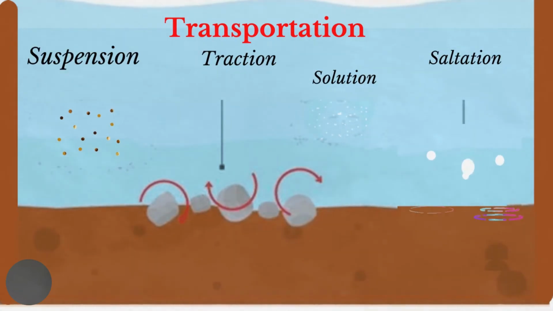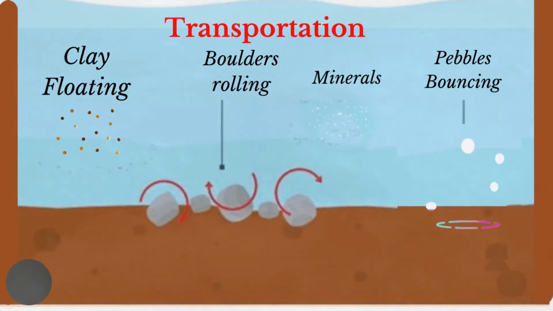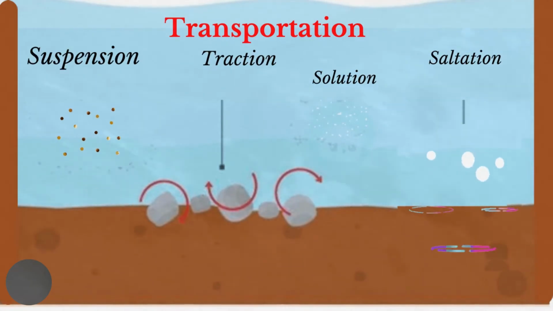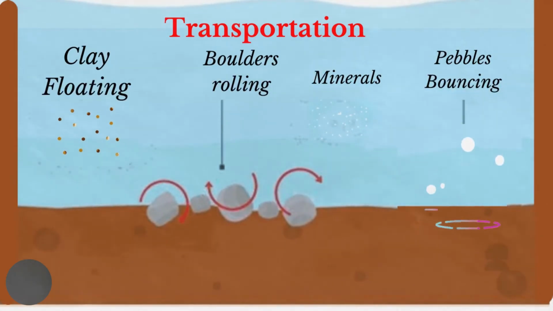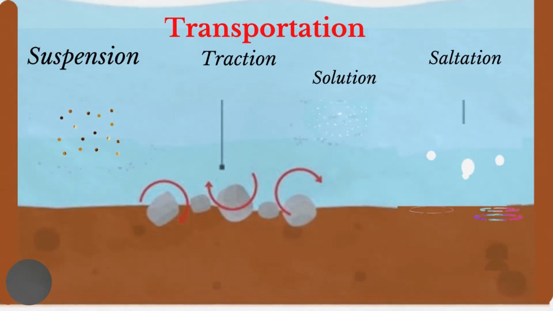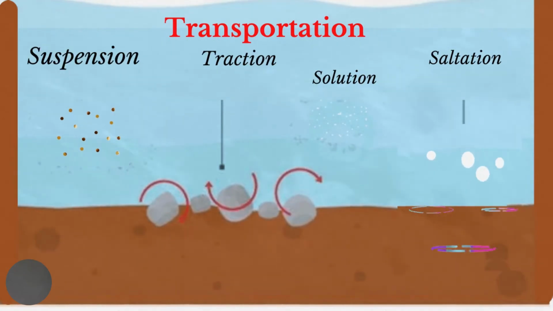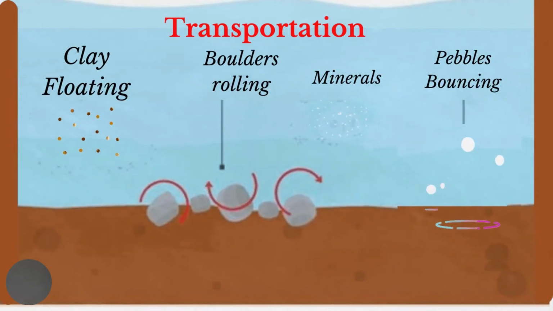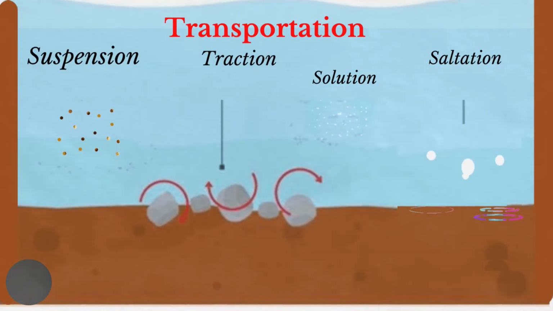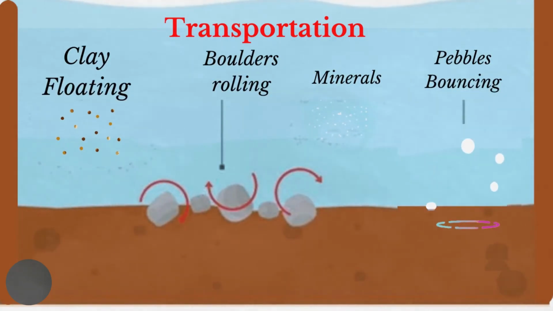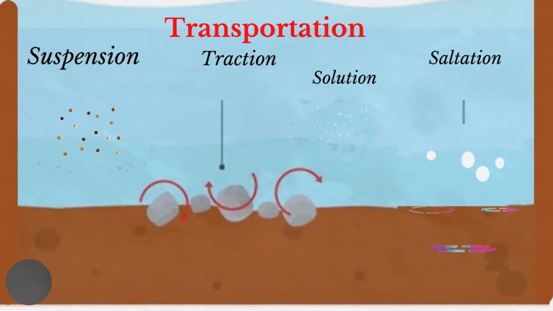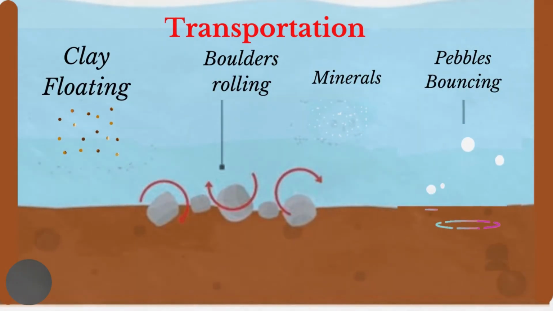Now, we also can talk about methods of transportation. Let's first talk about solution, and let me make the point clear that while solution is a type of erosion, solution is also a type of transportation.